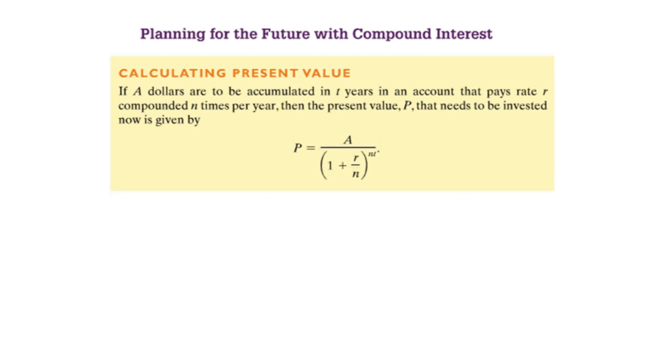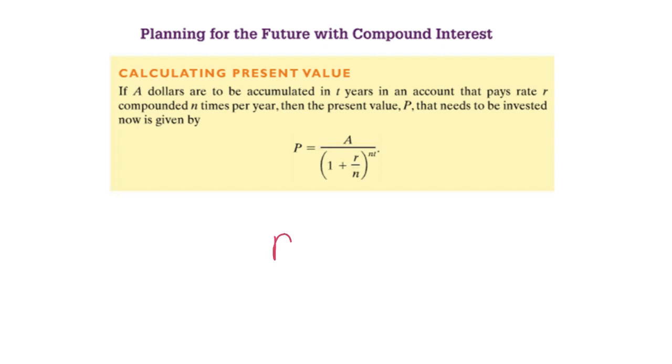The title for this one says Planning for the Future with Compound Interest. It says that if you have your future amount A, that's your accumulated value, and T is in years, R again is your interest rate, and compounded n times a year, the formula that we're going to use is the one that's listed.